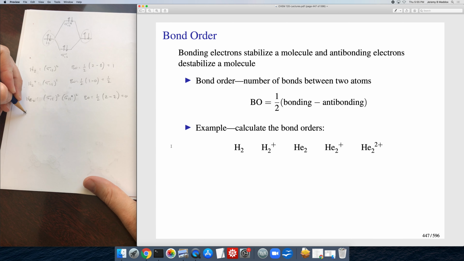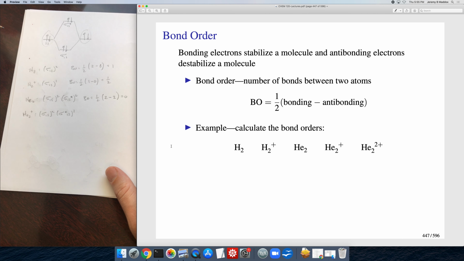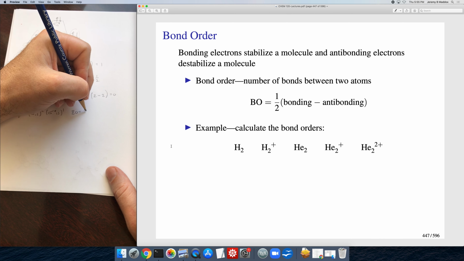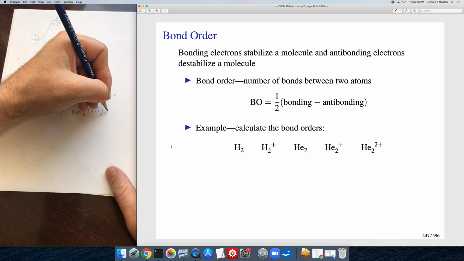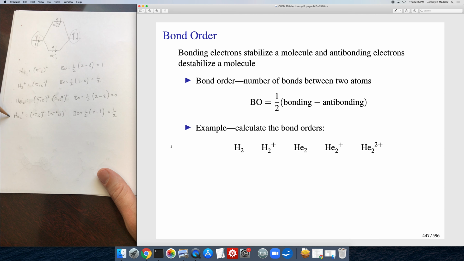For helium-2 plus, what if you took a cation of helium? Well, here we would have sigma 1s2, remove one of those electrons, sigma 1s star 1. Now the bond order is different. It's 1/2 times 2 minus 1. We have a bond order of 1/2. So that's a weak bond, but the helium-2 plus cation is technically stable.